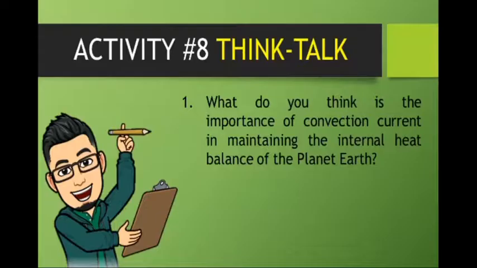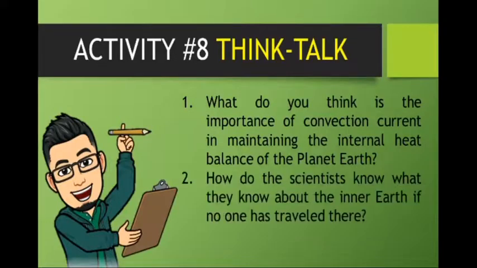So you're going to answer the 2 questions, and there is a portion where you will write your answer. Question 1 is, what do you think is the importance of the convection current in maintaining the internal heat balance of the planet Earth? Second is, how do the scientists know what they know about the inner Earth if no one has traveled there?